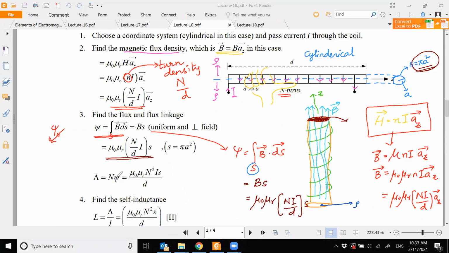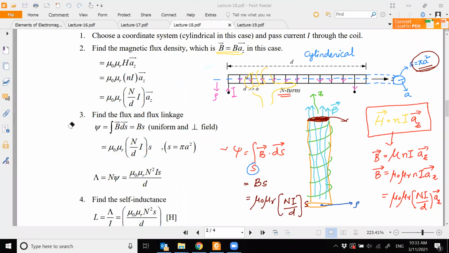And the flux linkage will be what? Since it has N turns, multiplied by N, so this is the flux linkage. And once I get the flux linkage, the self-inductance is flux linkage over the current I. If I divide, I cancels, and this is called the self-inductance: mu naught mu r N squared S over D. This is the self-inductance of a solenoid. And these are the steps. First, identify the coordinate system.